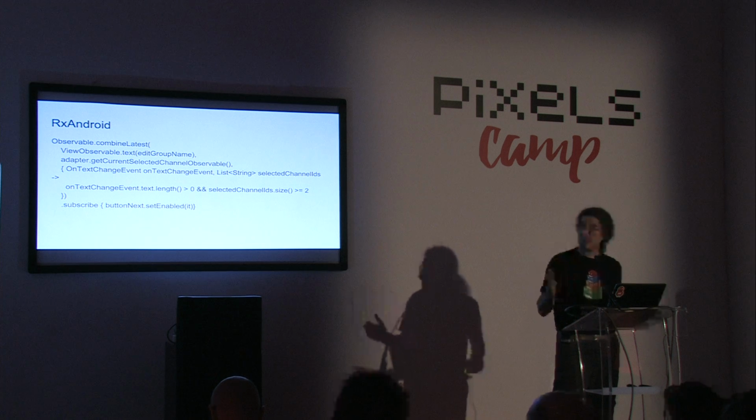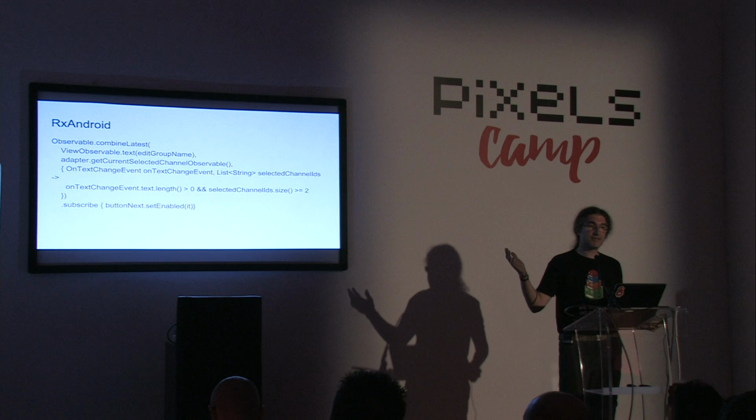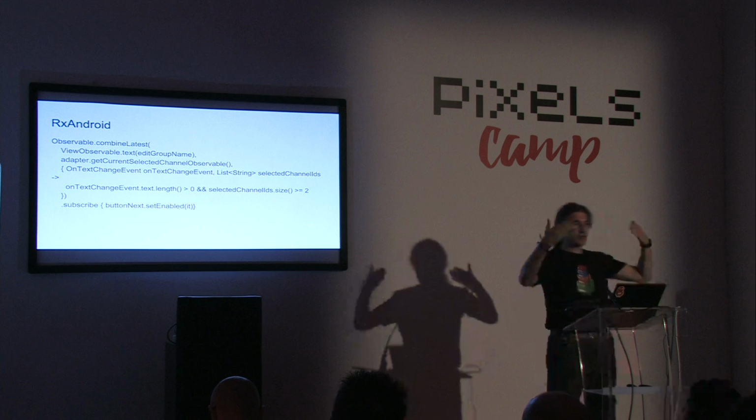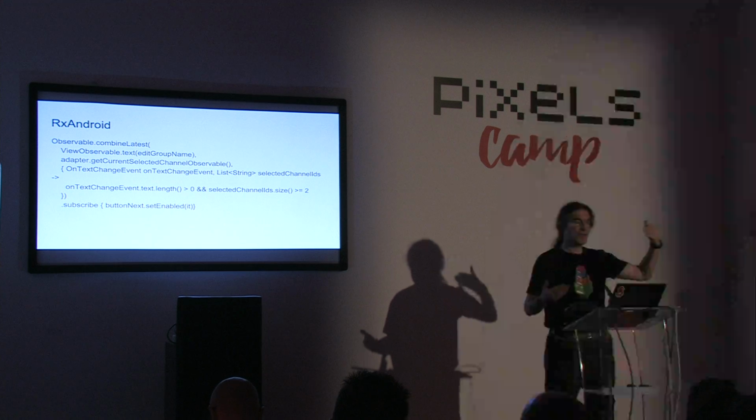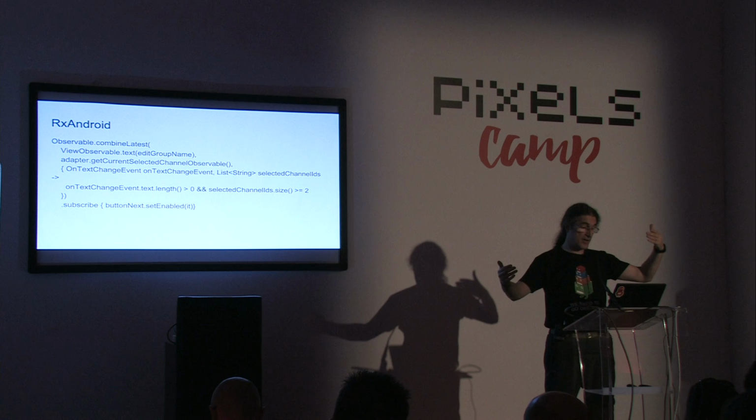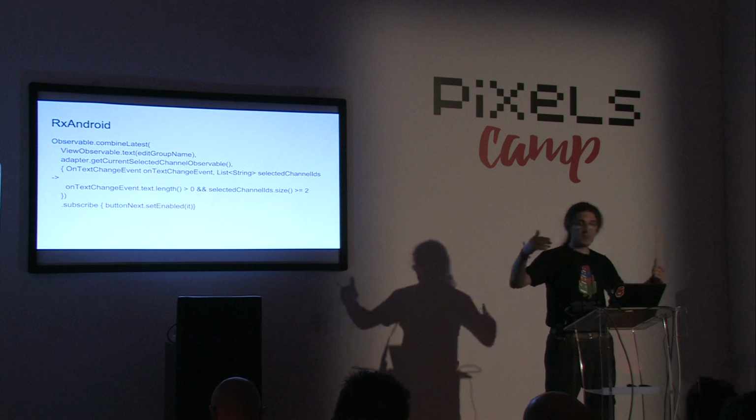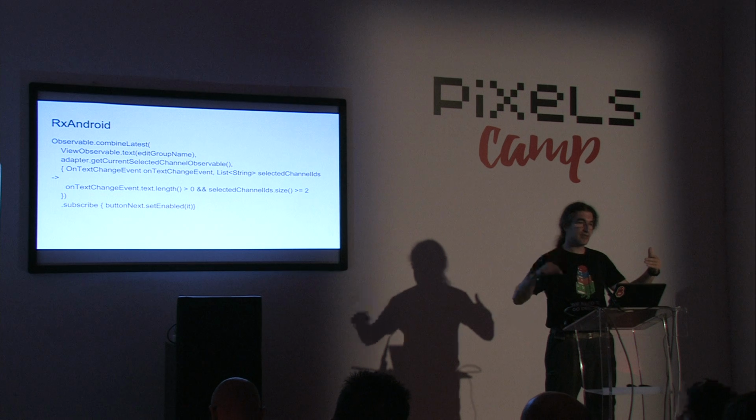So I'm using an operator called combineLatest that merges 2 streams. One is the stream that's emitting the thing that the user is typing, and the other is the one that's emitting the number of items that the user has selected.